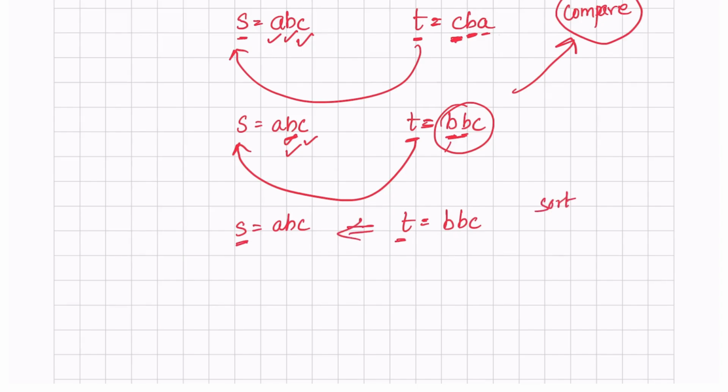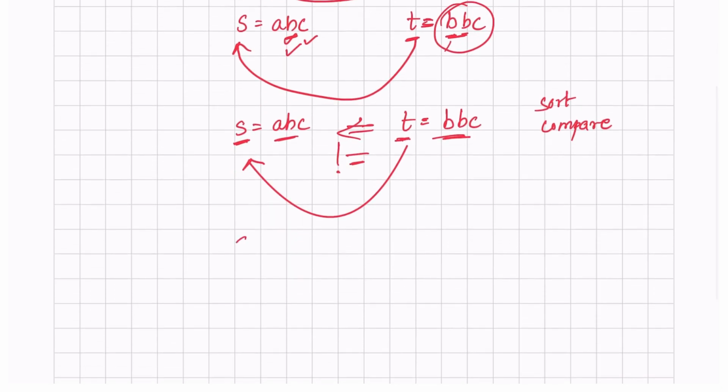That's slightly better, and that makes our algorithm kind of foolproof as well. So in this case, S is already sorted, T is already sorted, but the comparison is going to fail. S is not equal to T, and therefore T is not an anagram of S.